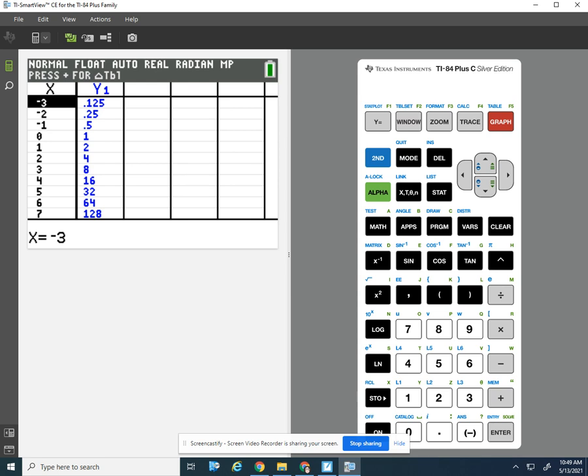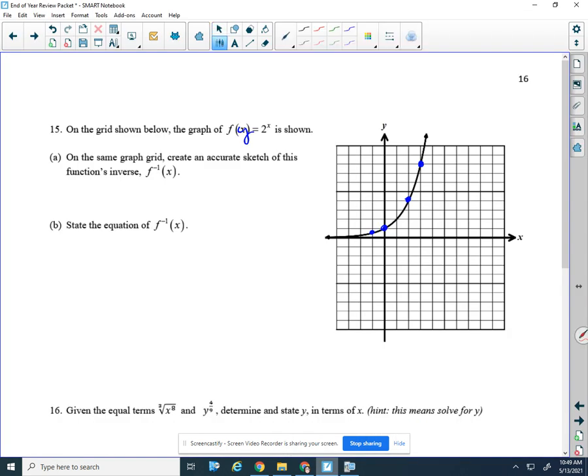But these, negative 3.125, negative 2.25, negative 1.5, aren't quite so simple to see. So what I'm going to do is just copy my table down from negative 3 to 3, and then write down the y values, just copied from the calculator.